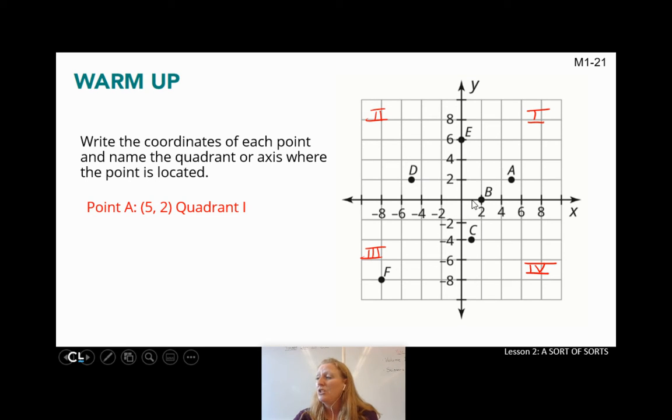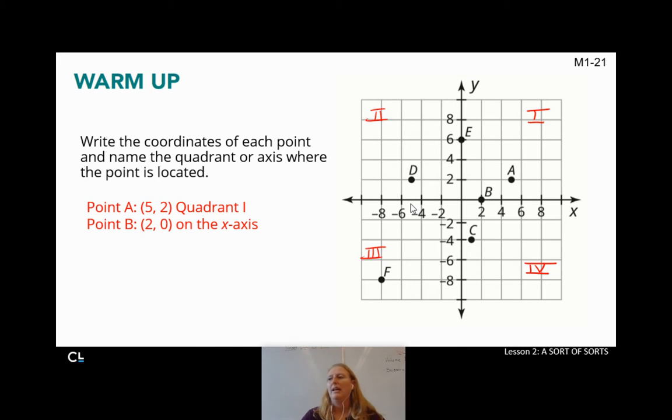So that means our point is 2, 0, and of course we are on the x-axis. So this guy's not actually in a quadrant. He's on an axis, and that's okay. For point C, it looks like we go right 1, but then down 4 to put us in that fourth quadrant. So point C's coordinates are 1, -4, and we're in quadrant 4.